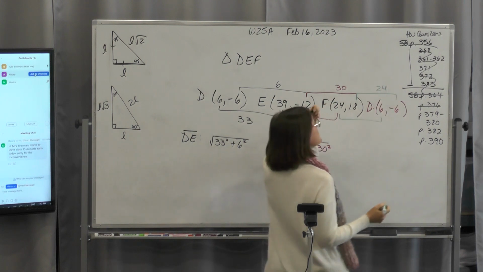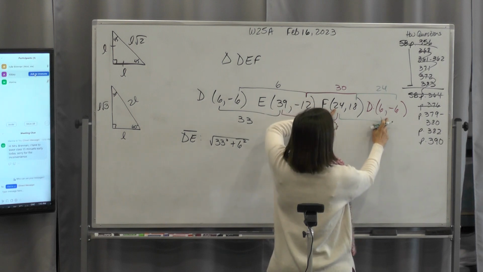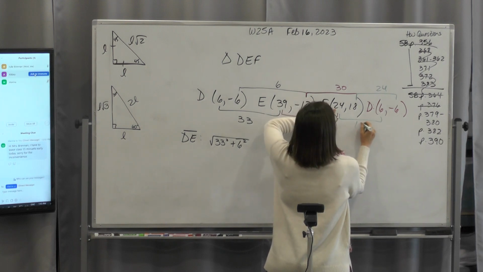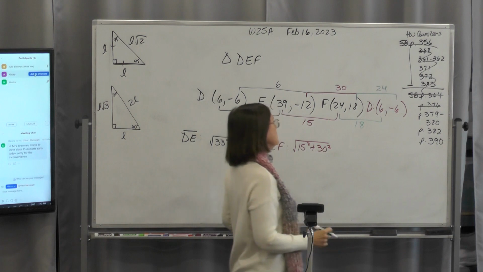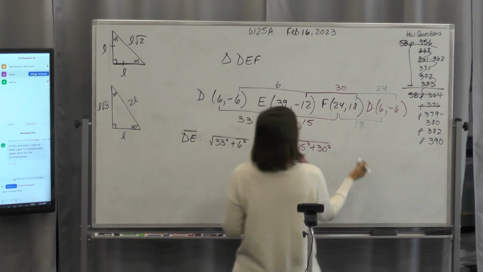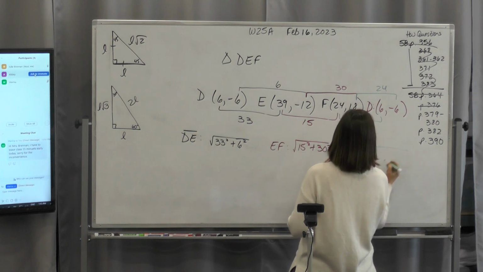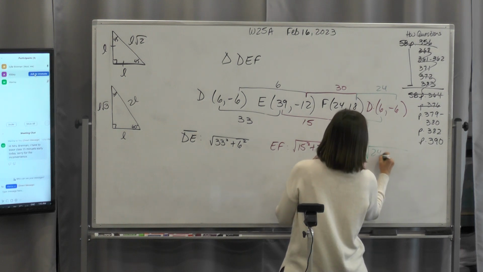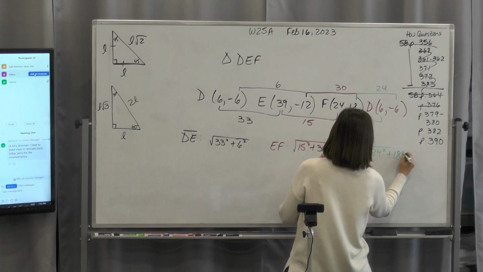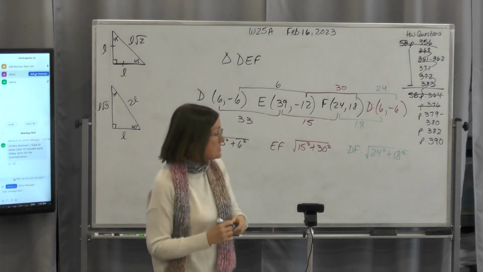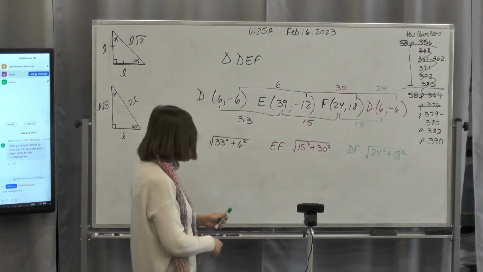They're 24 units apart. These two are 18 units apart. So DF is going to equal the square root of 24 squared plus 18 squared. So I've shown how I could set these up.